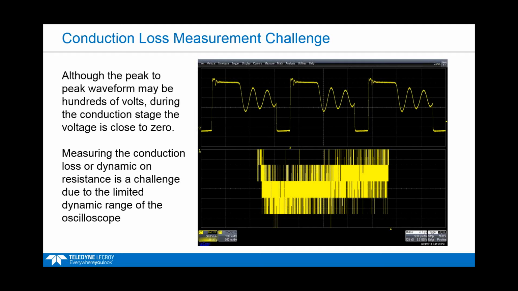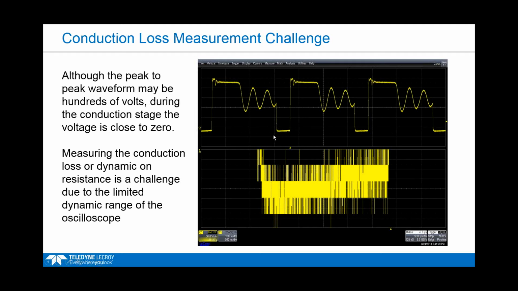One of the big challenges here is that you have a really high dynamic range measurement you're trying to make. What that means is we have a signal here that in this case is about 250 volts peak to peak. And we have a section here which is the conduction state. When the transistor is closed and we're conducting current, the voltage is very close to zero.